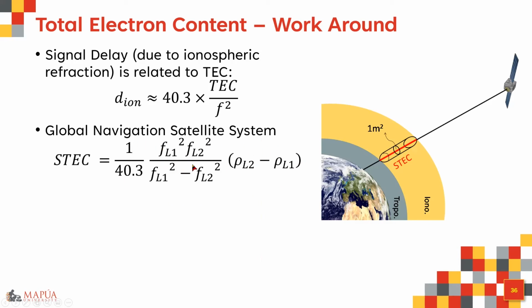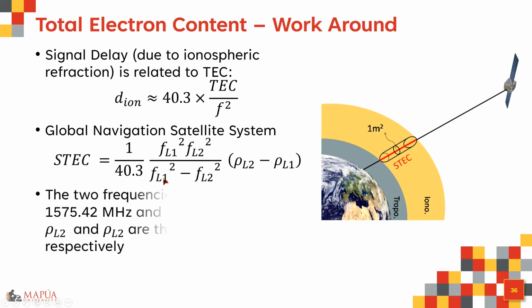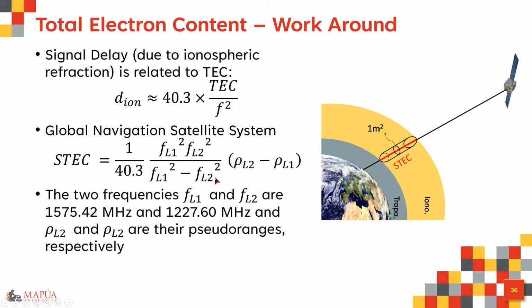Basically what we're doing here is differencing the delay at two frequencies in the L1 and L2 bands of your GPS. Sorry, again: the frequency of the GPS L1 band is 1.5 gigahertz, and the L2 band is 1.2 gigahertz.